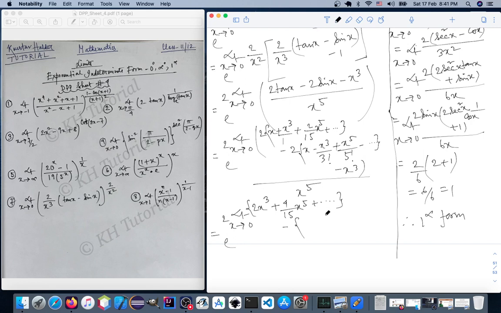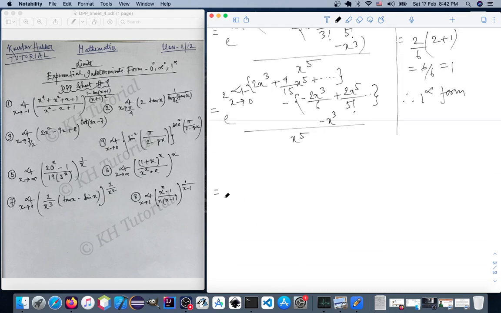Here we have minus 2x cube by 6, plus 2x to the power 5 by 5 factorial and so on. Finally, minus x to the power 3.